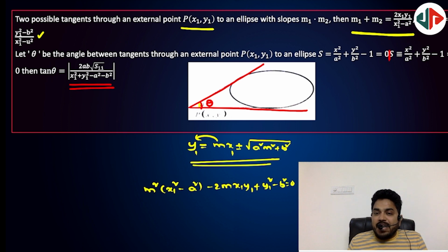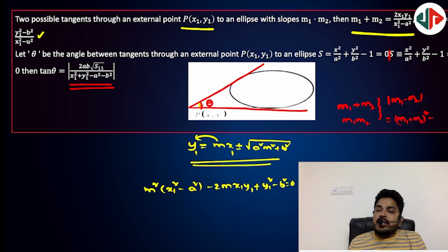Very simple. I get m1 plus m2 and m1 m2, so I can get modulus of m1 minus m2, which is root of m1 plus m2 whole square minus 4 m1 m2.